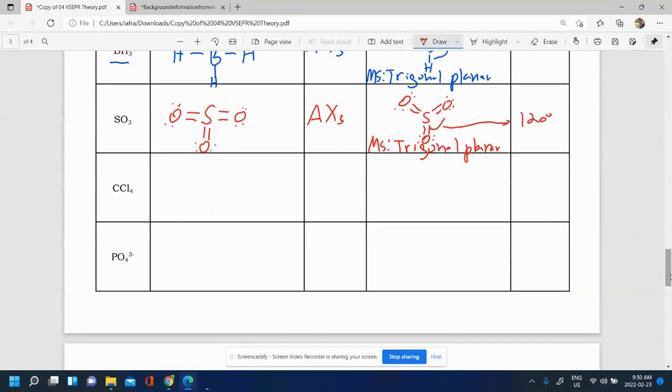We can now try CCl4. We have our central atom is carbon, surrounded by chlorines all around. We don't have any lone pairs around carbon, but we do have our shared pairs. We have our 4 peripheral atoms, so we have an AX4 molecule.